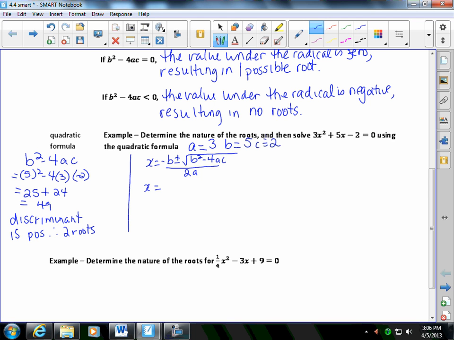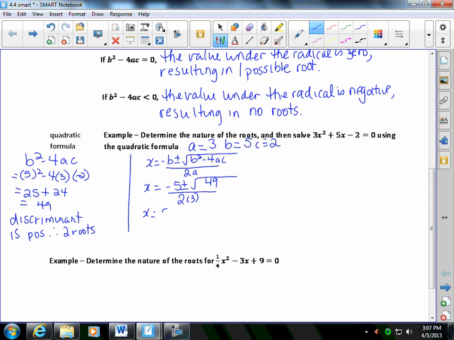X is equal to negative 5 plus or minus. I've already done this, b squared minus 4ac, when I found the nature of the roots, so I know that's going to be a 49. So I can just substitute that in there. If you didn't do the nature of the roots using the discriminant part first, then you would substitute your 5 squared minus 4 times 3 times negative 2, all over 2 times a, which is 3.